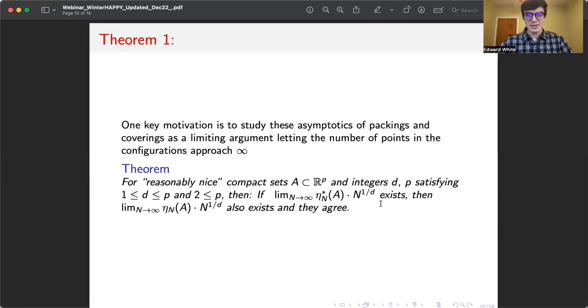If this limit exists, then this implies the limit of the constrained covering multiplied by n to that 1 over D. So again, that same growth order, these limits will exist and they also agree. So the implication is that if we know something about the unconstrained covering, then that implies something about the constrained covering, and moreover, that these will agree under a limit as we approach infinitely many points.